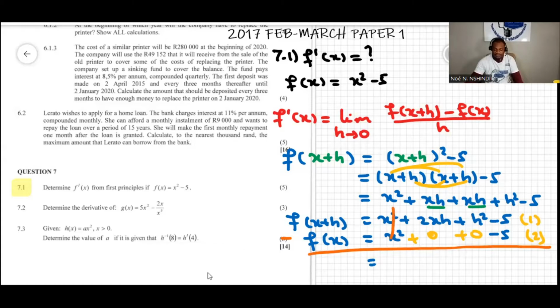Then we have 2xh plus 0, which is just 2xh, plus h squared, and then negative 5 minus 5 is also 0. So the difference f of x plus h minus f of x is just equal to 2xh plus h squared.